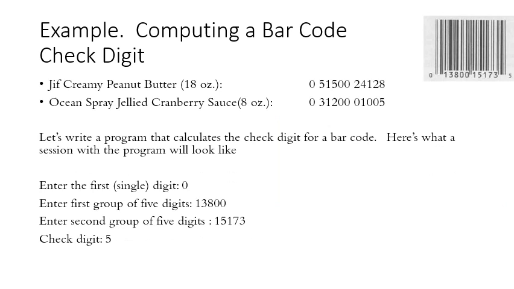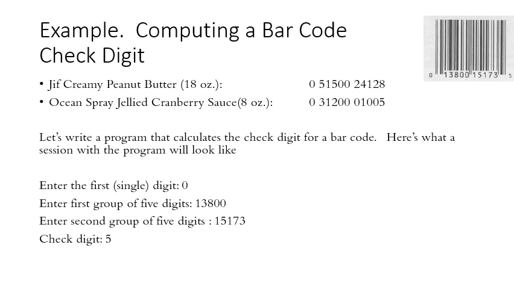For instance, we have these barcodes for the Jif Creamy Peanut Butter and also Ocean Spray Jellied Cranberry Sauce. They each have a different barcode. So let's write a program that calculates the check digit of a barcode. Here's what a session with the program will look like. We have three groups.